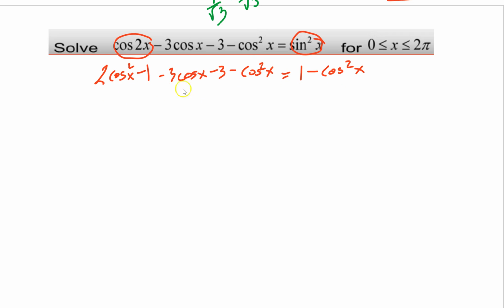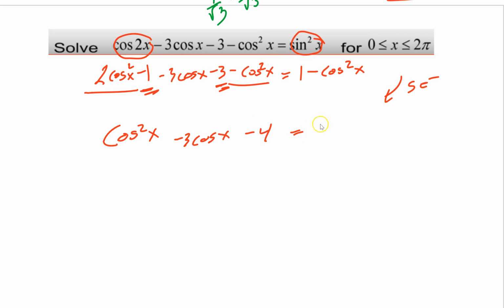Now it's a fancy, funky problem, right? Let's set equal to 0. Actually, before that, let's simplify a little bit. That's 2 cosine squared minus cosine squared, that's just cosine squared. I have minus 1 and minus 3. So minus 3 cosine x minus 4 equals 1 minus cosine squared.